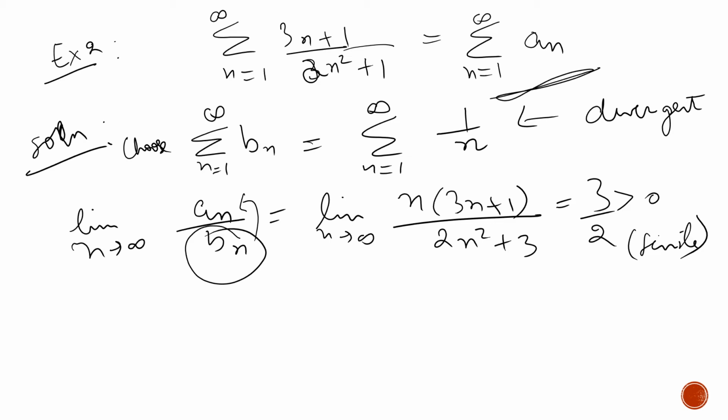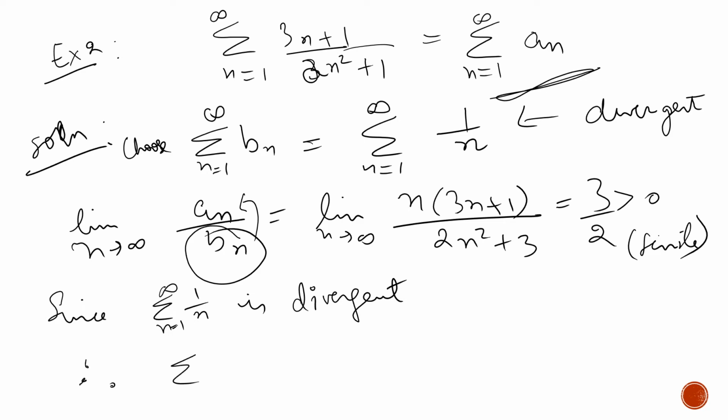So since I know that summation of n is divergent by integral test or p series test, therefore summation of an is also divergent.